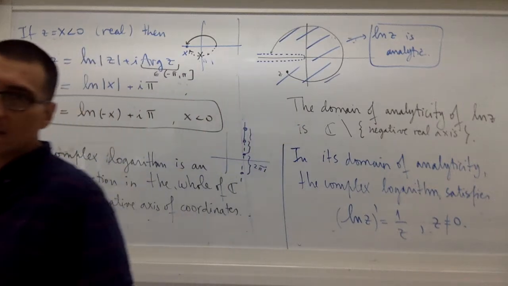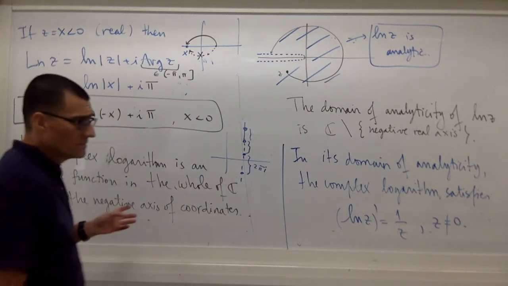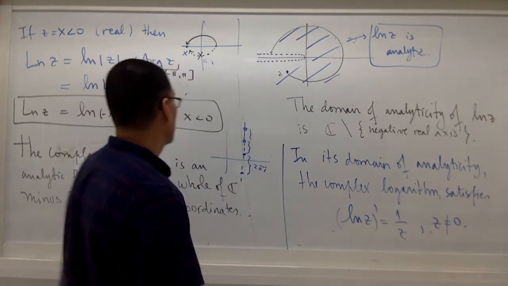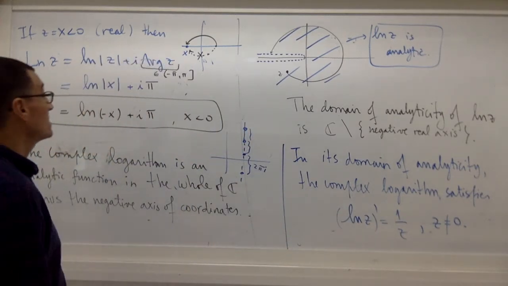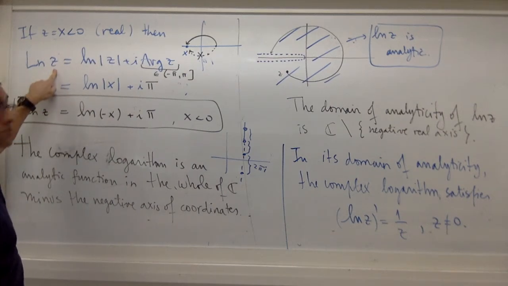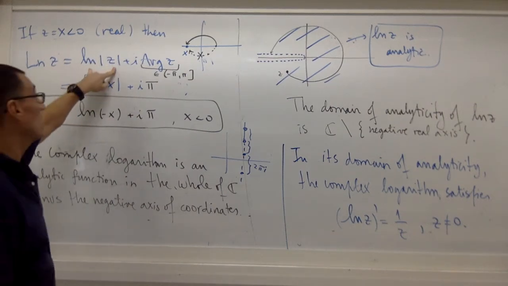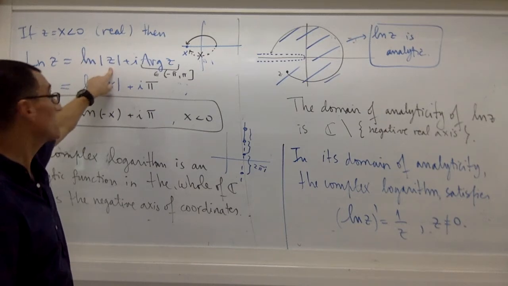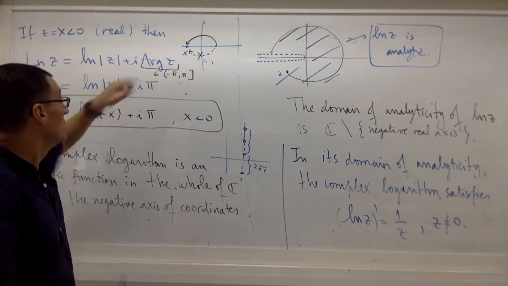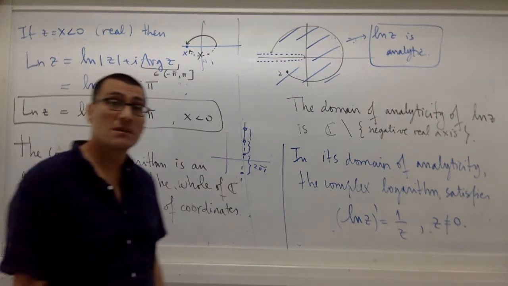So remember, question: can we evaluate the logarithm at 0? The answer is no, we can't. Not even the principal value of the logarithm. When you try to plug in 0 here, you already have problems. The log of 0 doesn't exist, it's negative infinity. And the argument of 0 does not exist either.